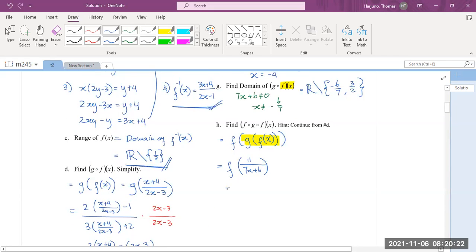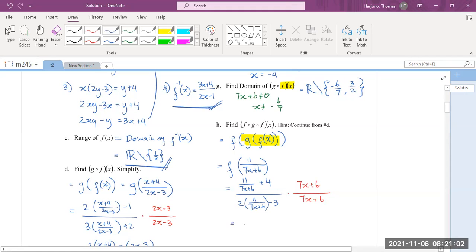Now F of blah is blah plus 4 over 2 blah minus 3. Okay, multiply by the LCD again. That's 7x plus 6.